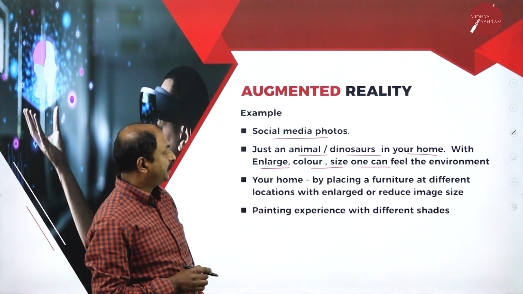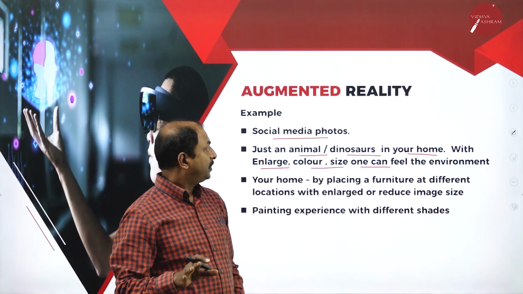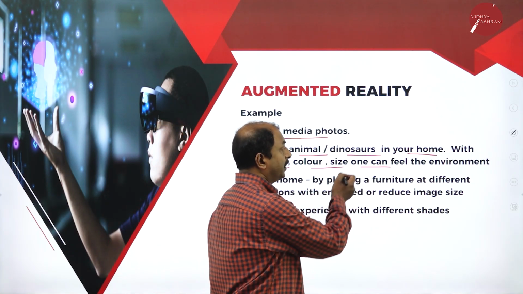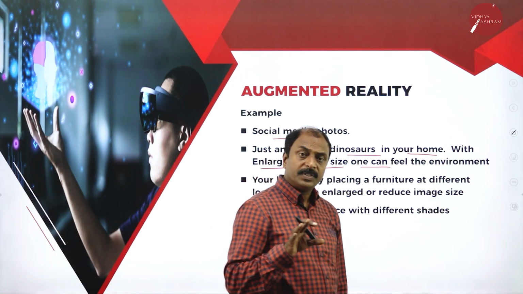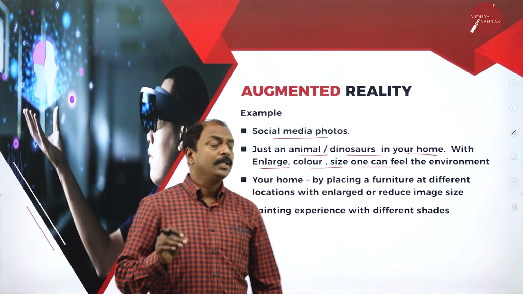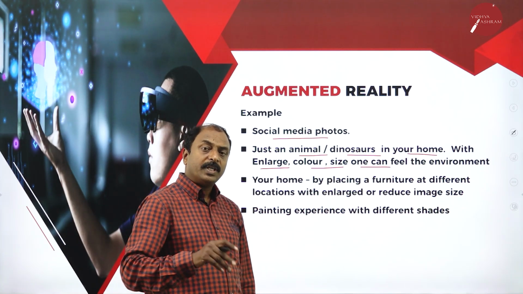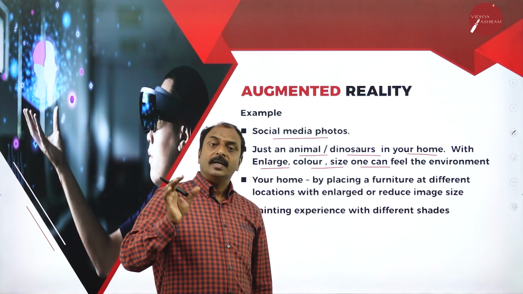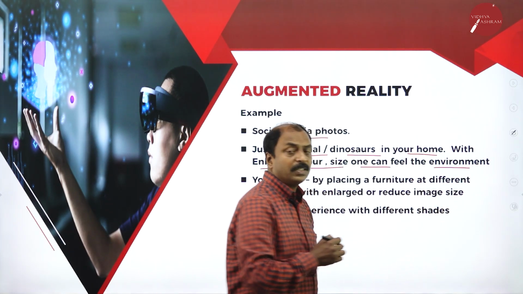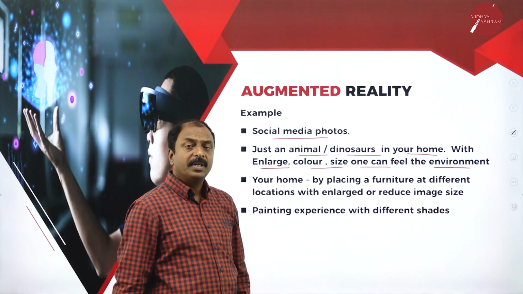Suppose there is a picture of an animal like a dinosaur, and with the help of that image you can enlarge it, place that animal in different locations in your home, minimize the image, and feel different environments as if it is the real world. That is another example for augmented reality.